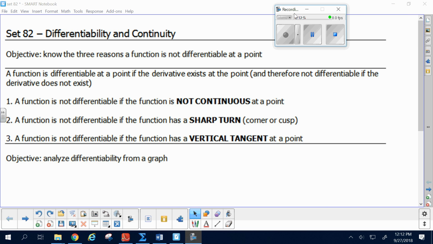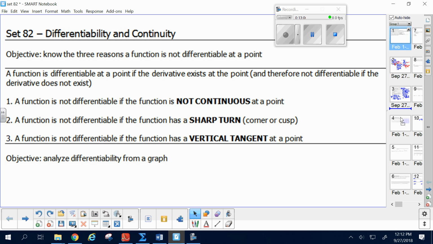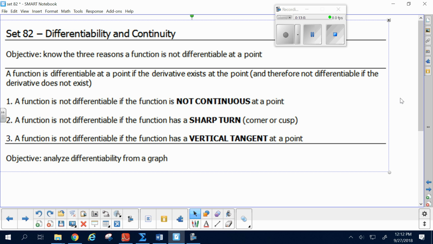Okay. You did differentiability already, so this is review. A function is not differentiable at any place the function is not continuous. So, some logic. True or false? If a function's not continuous, then it's not differentiable. True.